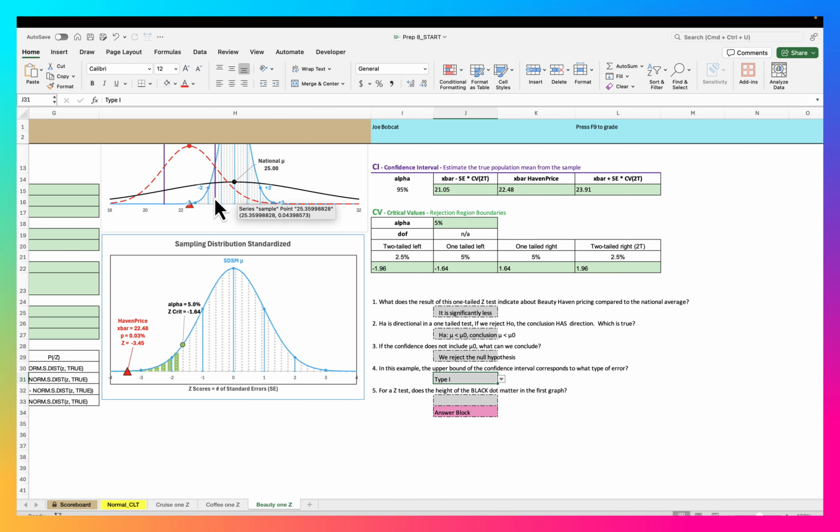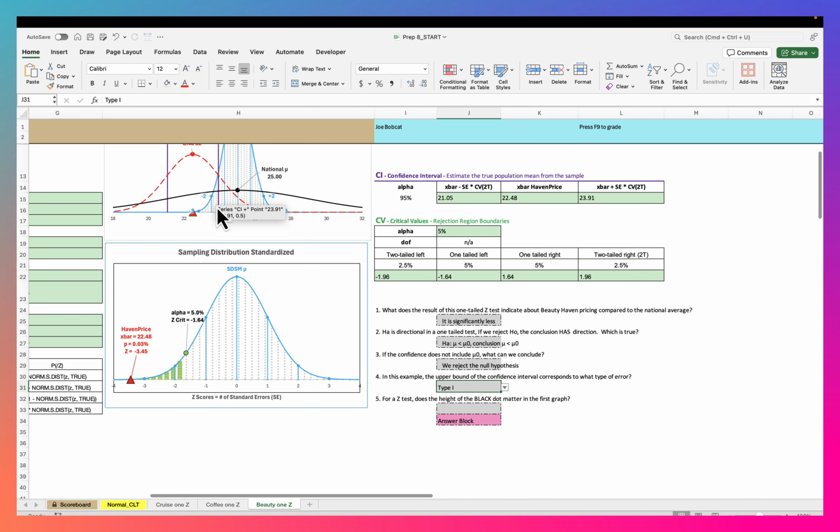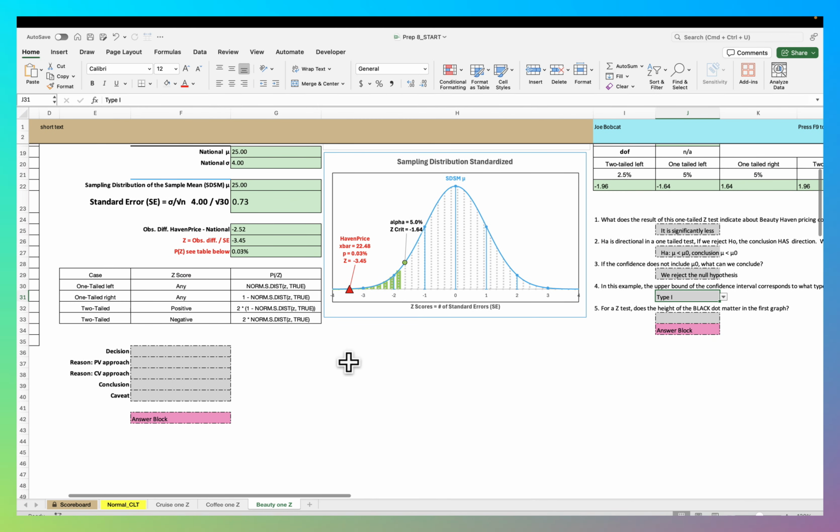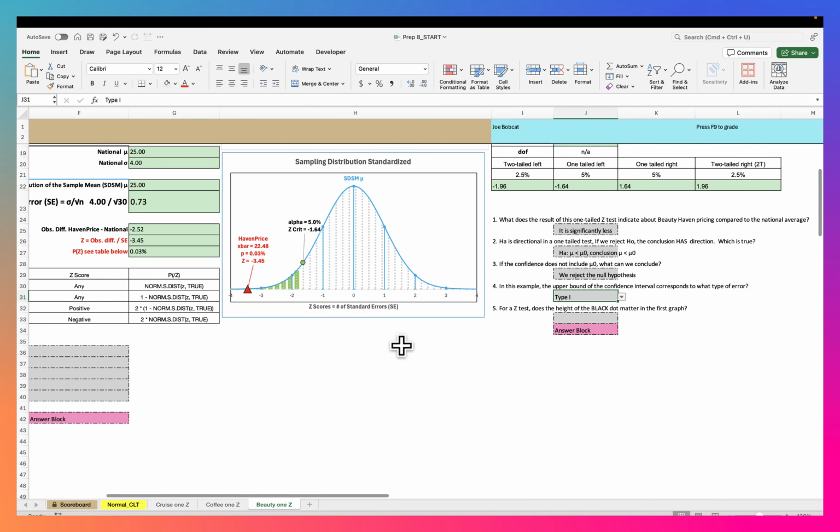It looks like about 1.5 standard errors away from the mean of the sampling distribution, which is outside of the rejection region, right? You can actually see it here, because 1.5 would be around here, and the rejection region starts a little bit further. So that would be a type 1 error, because type 1 error means that we reject the null hypothesis when in fact it's true.